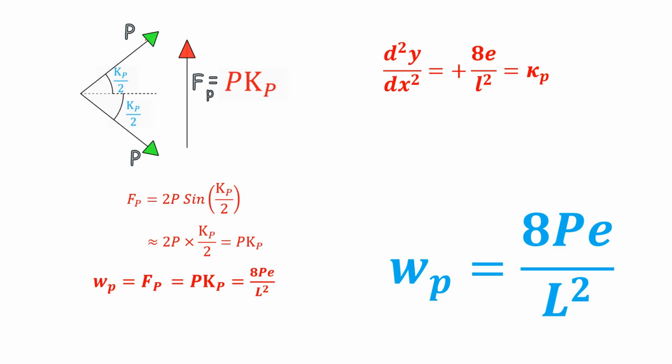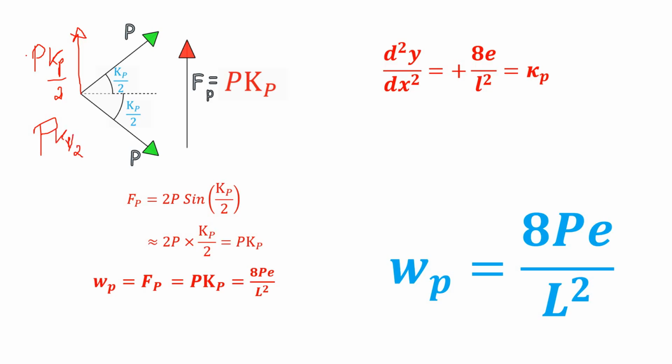So how do you know it is 2P sin kappa p by 2? Because if you resolve the component P vertically, you will be getting P into sin or tan kappa p by 2, which is equal to P into kappa p by 2. Similarly, for the other force P also you will get the value of P into kappa p by 2.